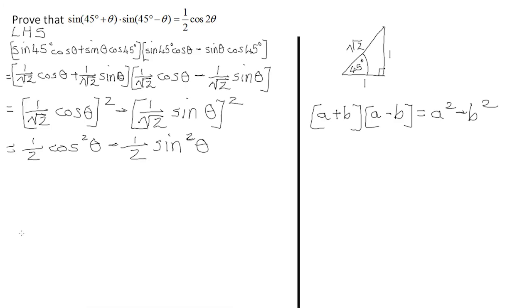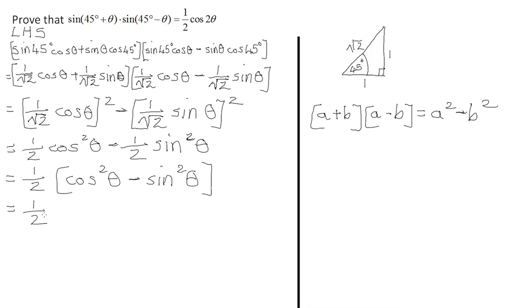Now what is very important? Now I'm here, you get stuck. Now you look at your right hand side. I need a half. I have already got a half cos 2 theta. So now I'm going to take out a half as a common factor. Cos squared theta minus sine squared theta. And this is equal to a half.